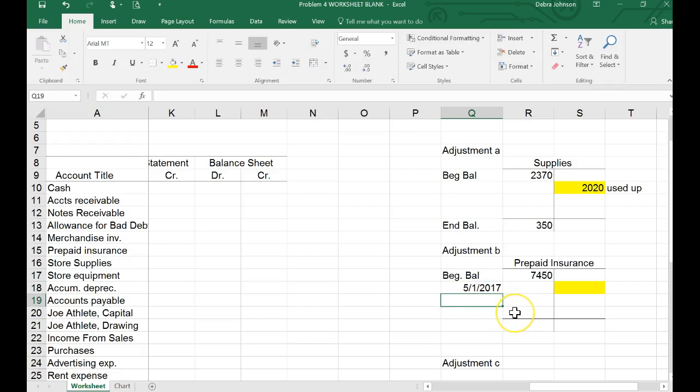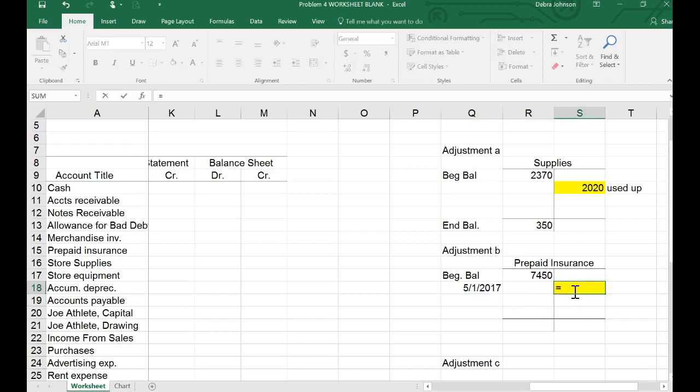So the question we need to ask ourselves is, how much of that 6 months worth of insurance has expired? We are using a 6/30 or June 30th fiscal year end. So that means that May and June have expired.